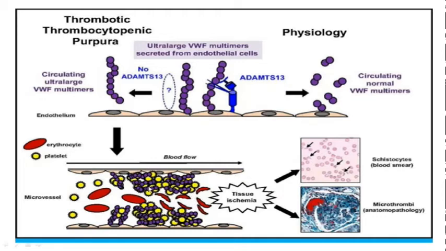When RBCs traverse through these microthrombi, it leads to breakdown of RBCs and formation of spherocytes and schistocytes, which can be seen on a blood smear as broken down RBCs.